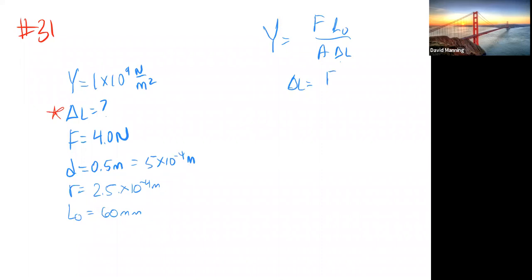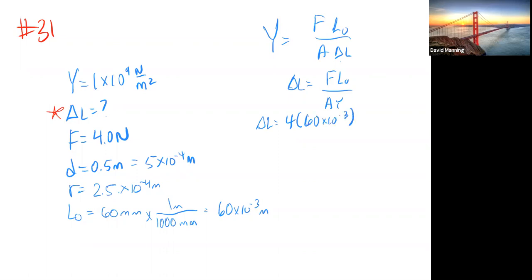Delta L equals F L naught over AY. Delta L equals 4 times, oh, that's in millimeters. We got to convert it. 1,000 millimeters is 1 meter. So that's 60 times 10 to the minus 3rd meters, over the area, which is pi, we just did this, 2.5 times 10 to the minus 4th squared, times 1 times 10 to the 9th.